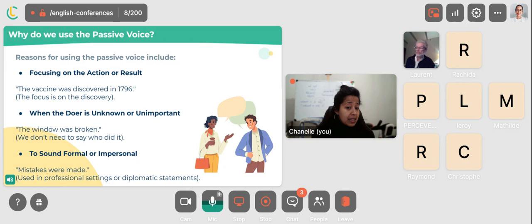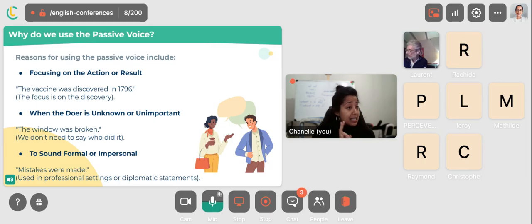If we had to make the sentence, a random name, John Mayer discovered the vaccine in 1796, that means that John Mayer will have more focus than the fact that the vaccine was discovered. So we put the vaccine at the beginning of the sentence and it becomes the focus.